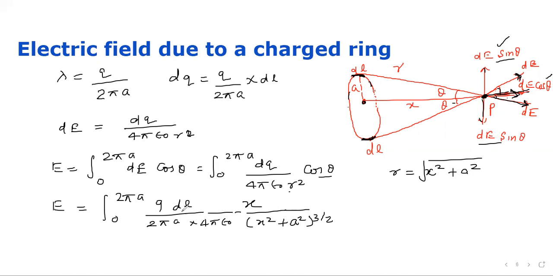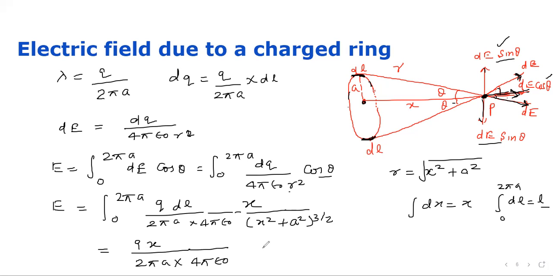Now we integrate. Integration of dx gives x. Similarly, integration of dl will give L. If we put the limit 0 to 2 pi a, this L will become 2 pi a. So our result will be Qx divided by 2 pi a times 4 pi epsilon naught times x square plus a square whole power 3 by 2, times the integration of dl.